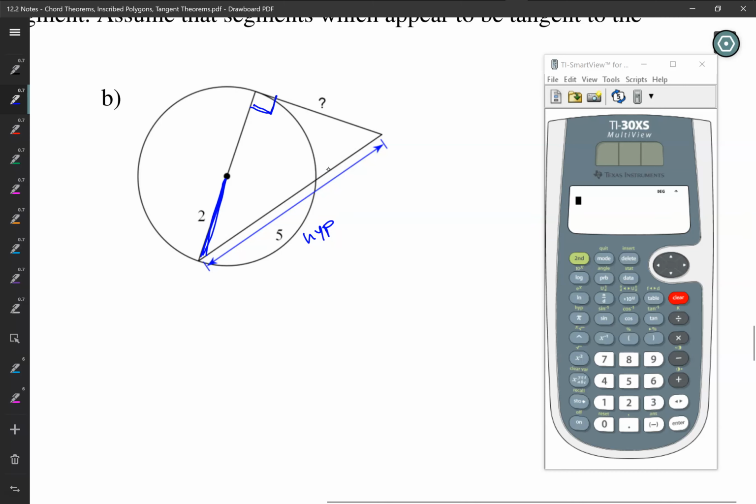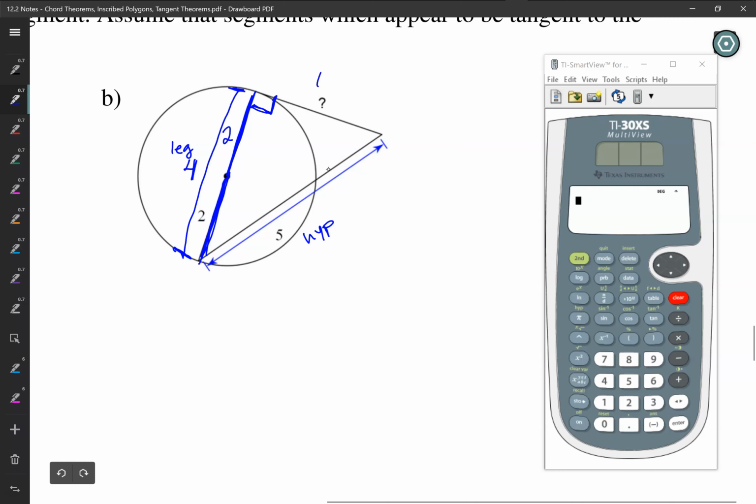That's not the whole side of the triangle. In order to use the Pythagorean theorem, I need the whole side of the triangle. Well, it's a circle, and that's a radius. And if that radius is 2, this radius is also 2. Which means that this side is 4. So sometimes you have to do a little thinking to figure out how long the whole side is.